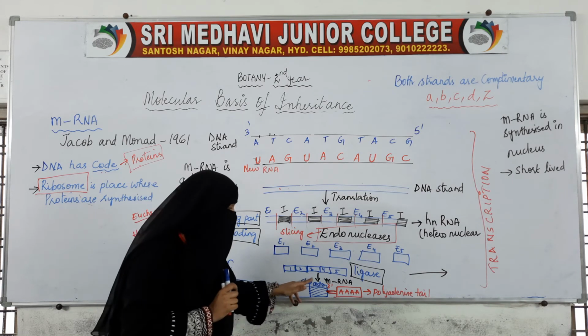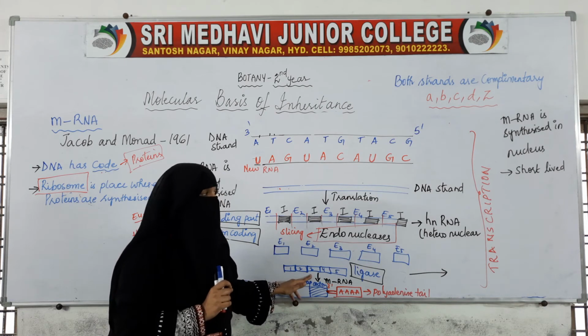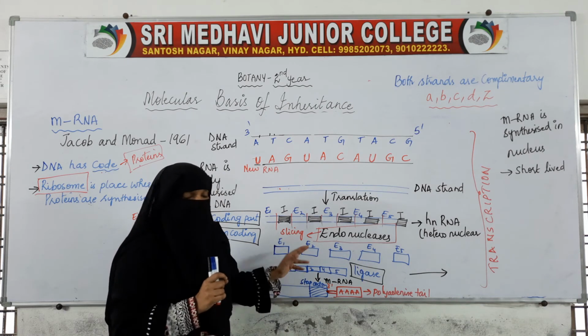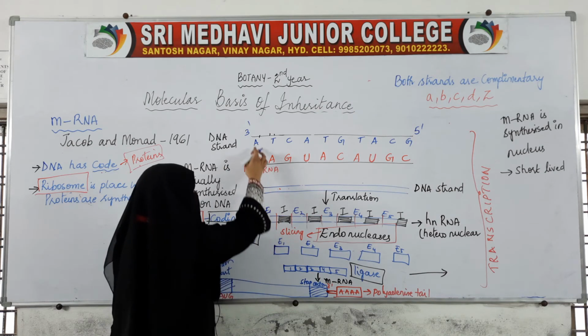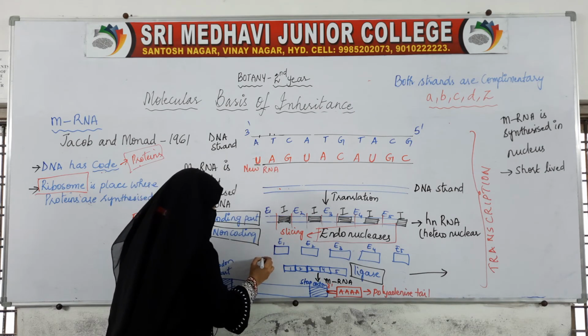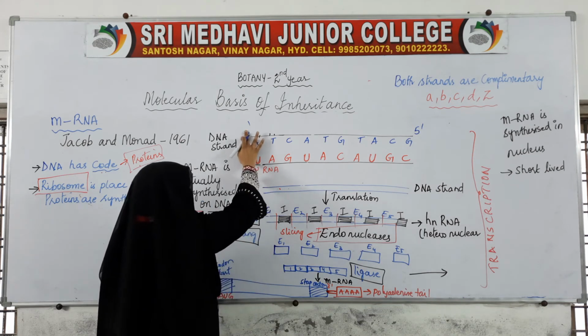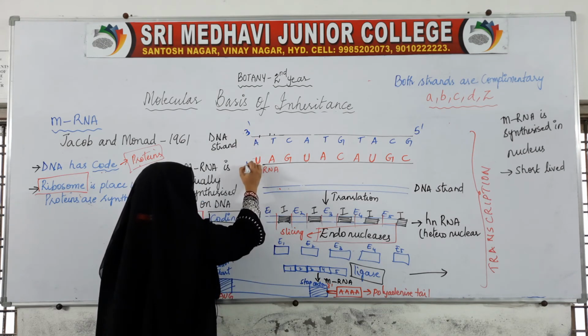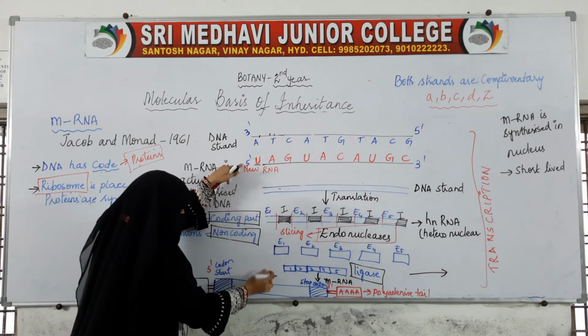To give stability to this mRNA, here what happens at this 5' end. We have this 3' and 5'.